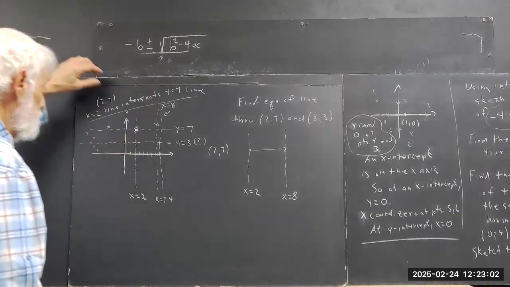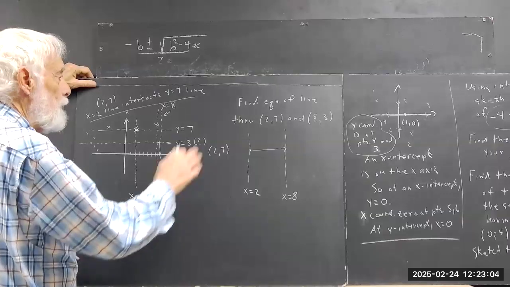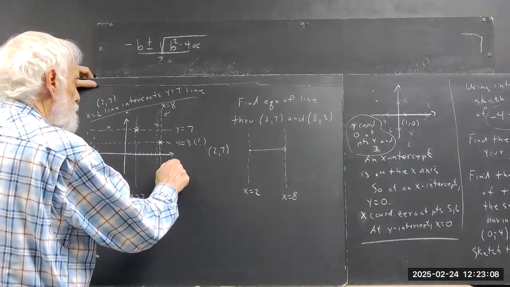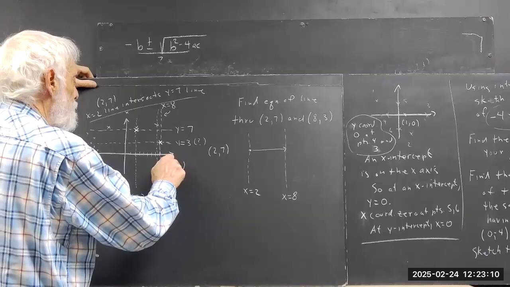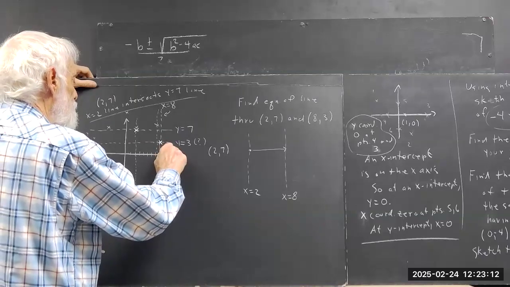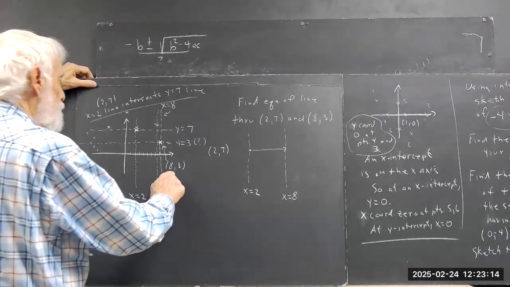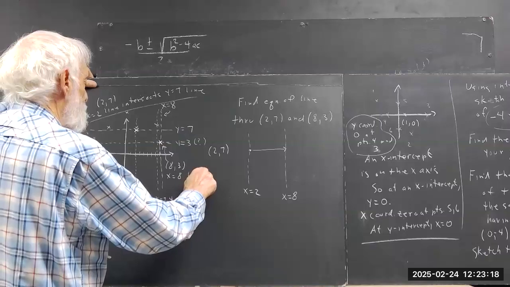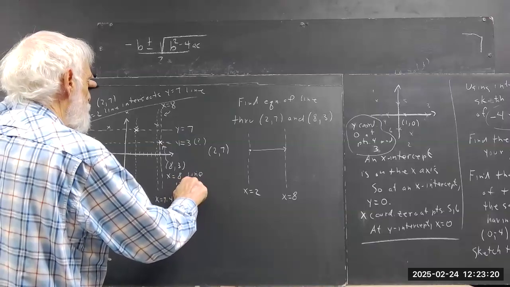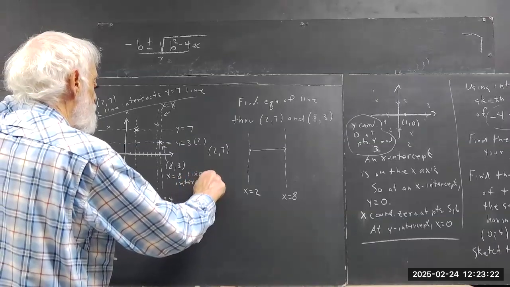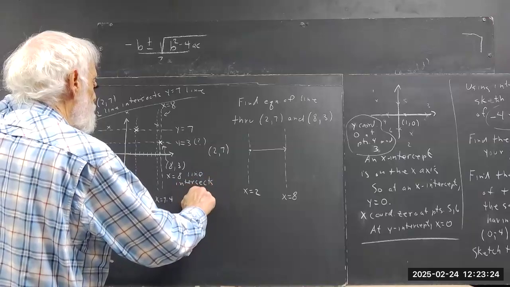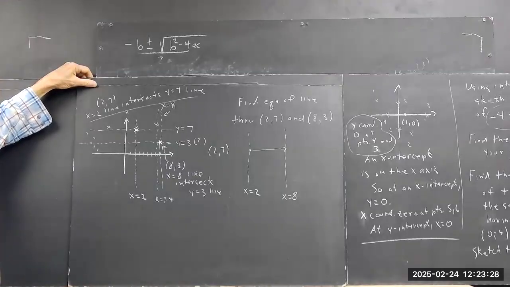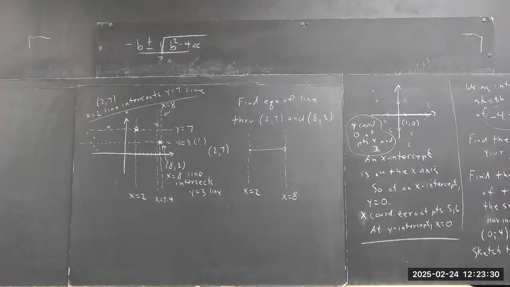And we're out of time, but we'll just do this real quick. And our point 8,3 is here. The x=8 line intersects the y=3 line.